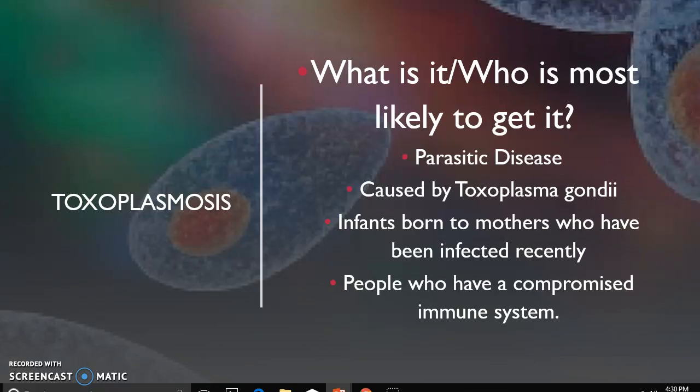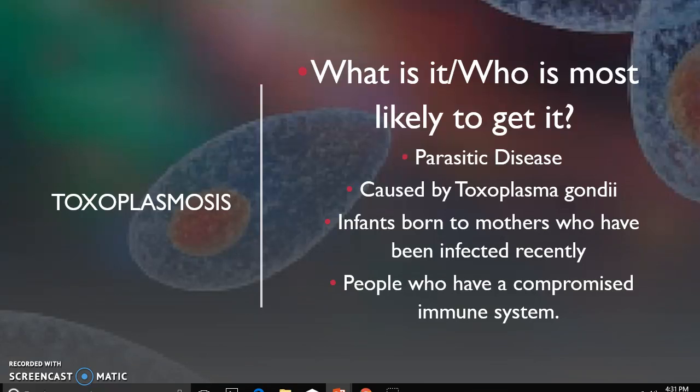Another type of people who this parasite can affect the most are people who have a compromised immune system. So these are people who are already sick. They already have chronic illnesses. They may have AIDS or immune deficiency disorders. If you have toxoplasmosis and you're a very healthy individual, most of the time there's not really any treatment.